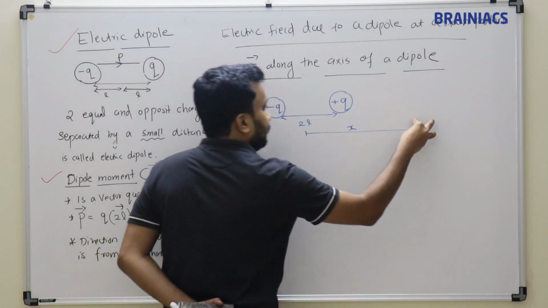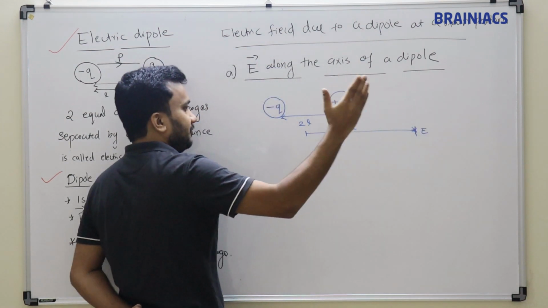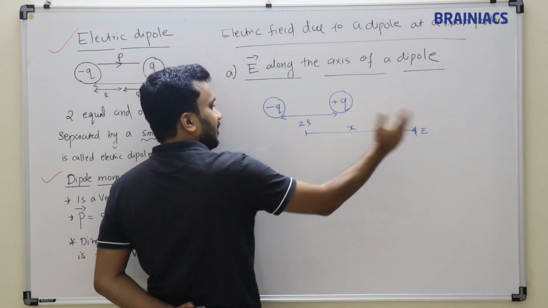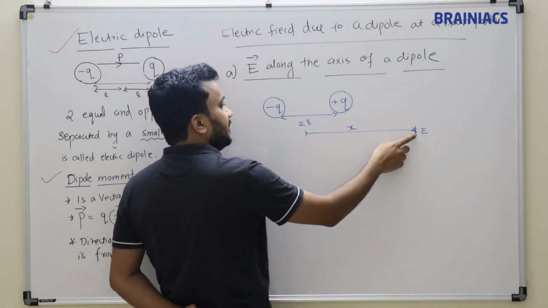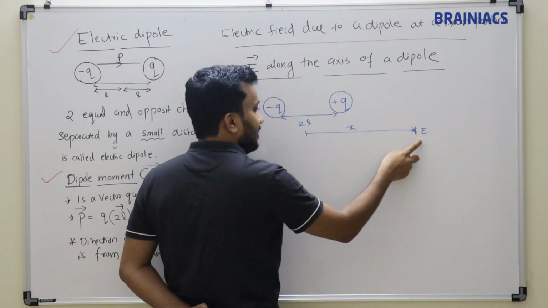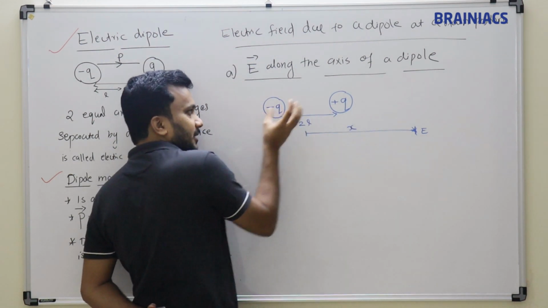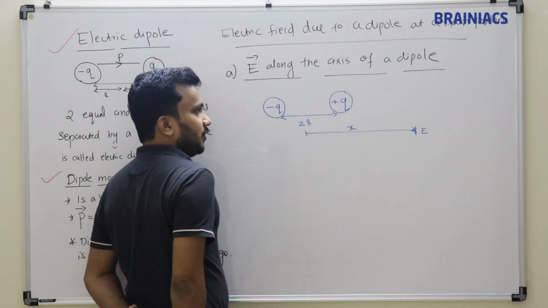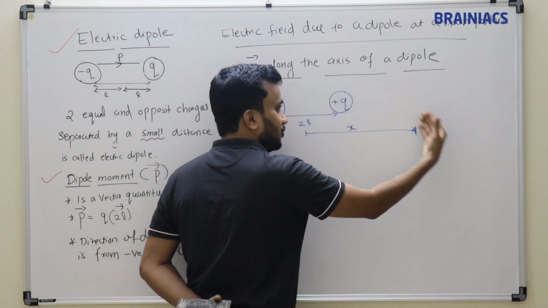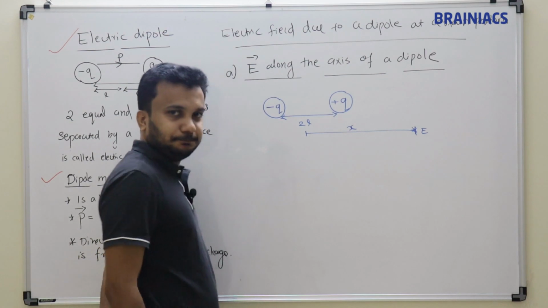Listen very carefully. Here I am going to find out the electric field intensity, right? So the electric field intensity here is created because of minus q and because of plus q. Minus q is a point charge, plus q is a point charge. Each can create its own electric field at this point.